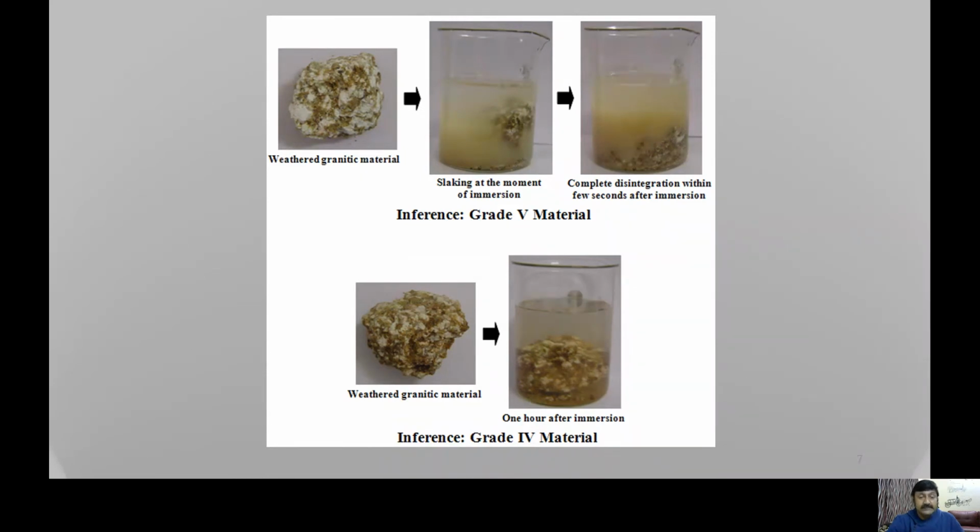It will not disintegrate as soon as it is immersed. So this is a very quick test to discriminate between grade 5 and grade 4 materials. Although they look very similar here, because these are grade 5 and grade 4 materials of granitic rocks, this little test can help us discriminate the weathering grades very quickly.